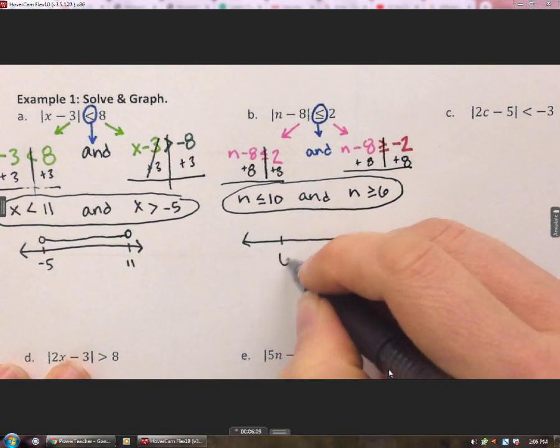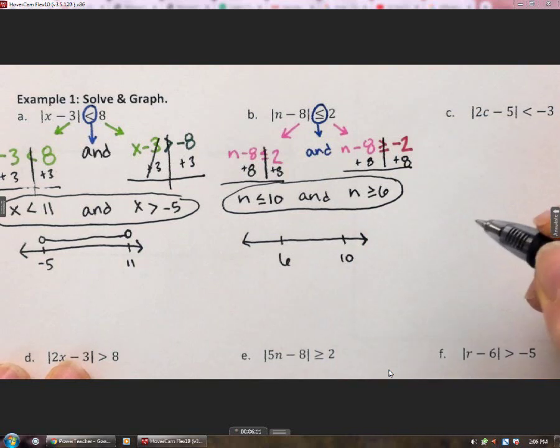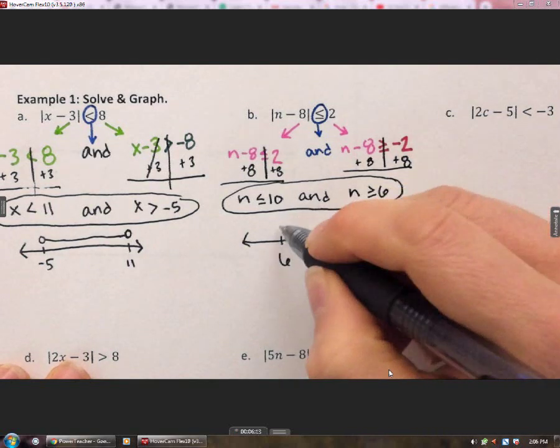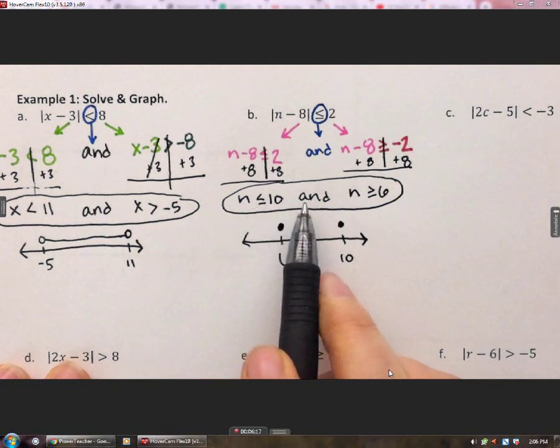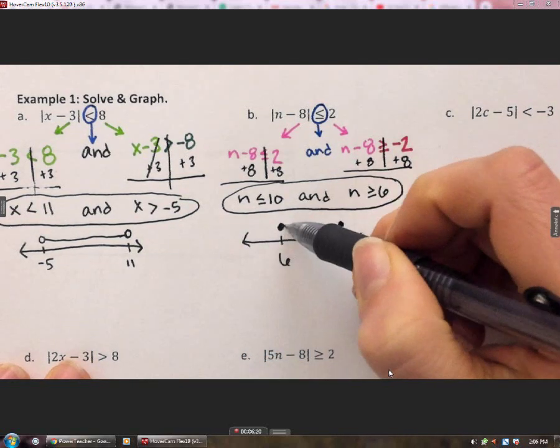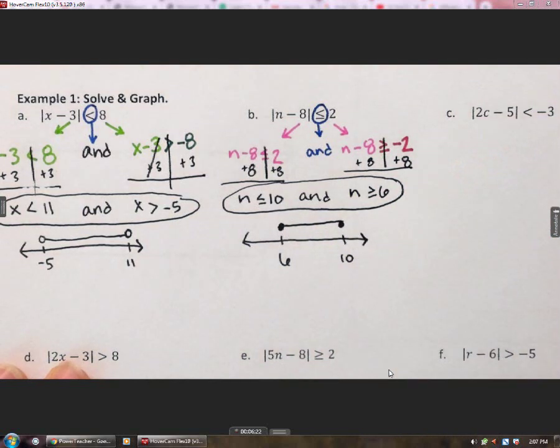So I have 6, 10, open or closed circles? Closed. I want all the numbers less than 10 and bigger than 6. All the numbers really in between them. You guys okay so far?